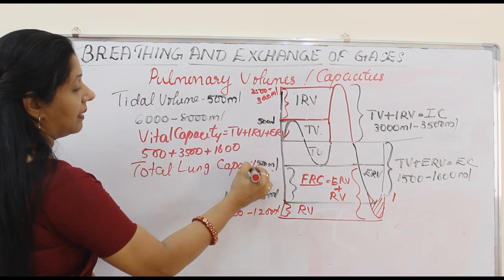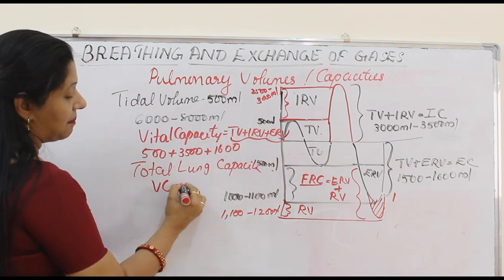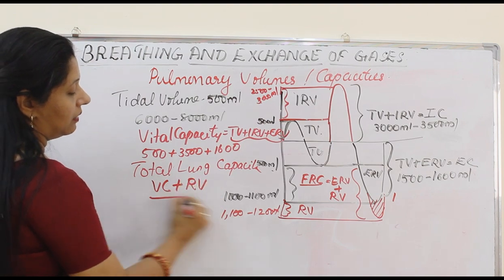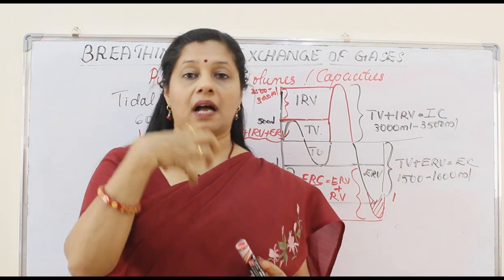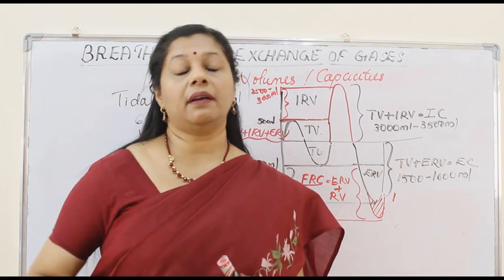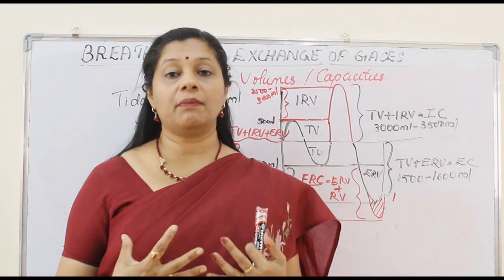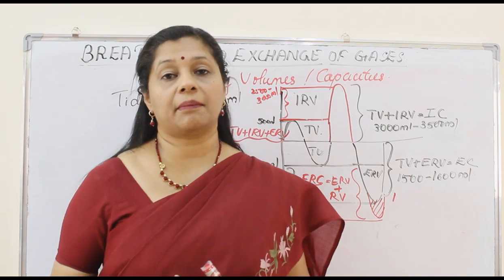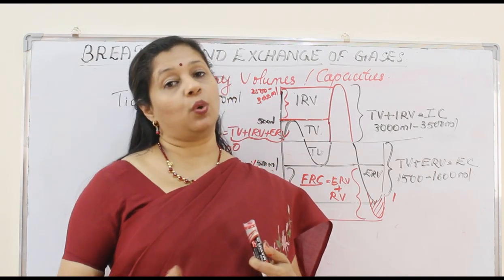Total lung capacity means all these three together, the vital capacity, plus my residual volume. It is the total amount of air in my lungs after a forceful inhalation, or the total air my lungs can accommodate. That is my total lung capacity, which is vital capacity plus the residual volume.